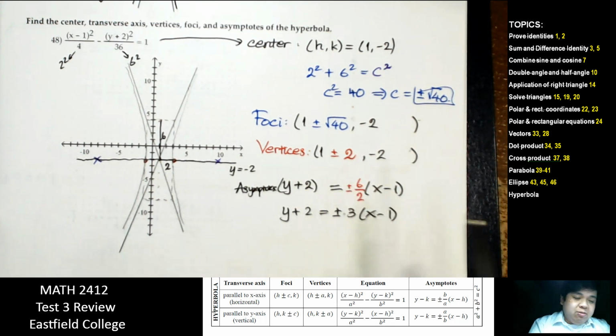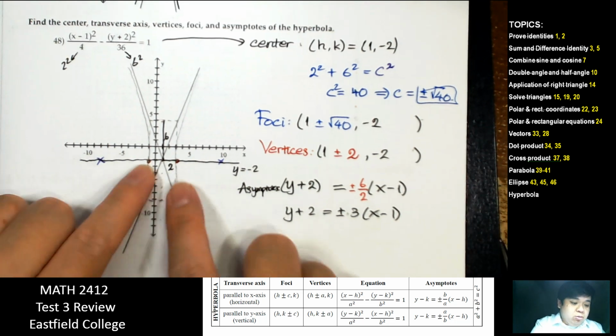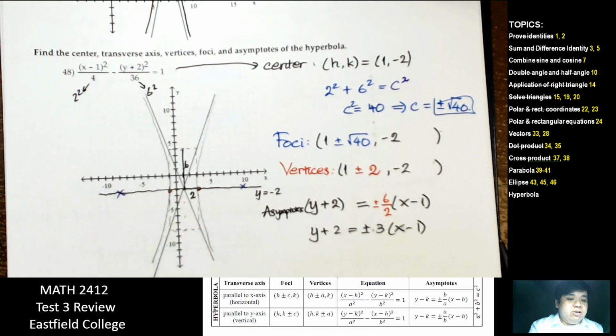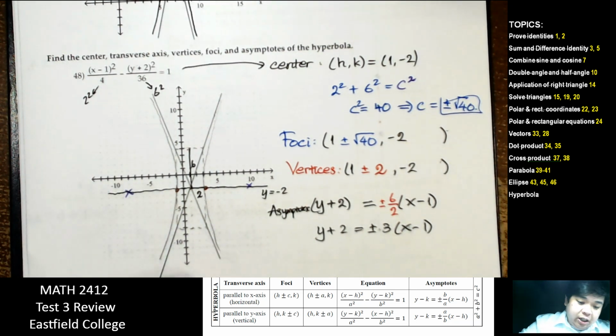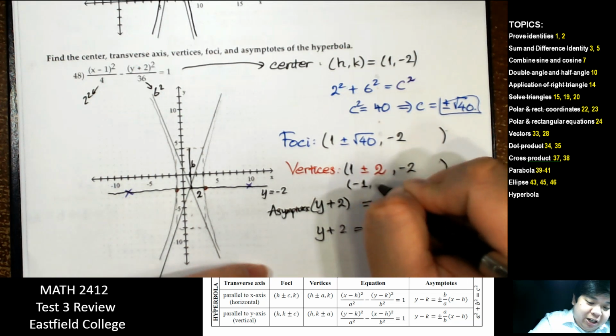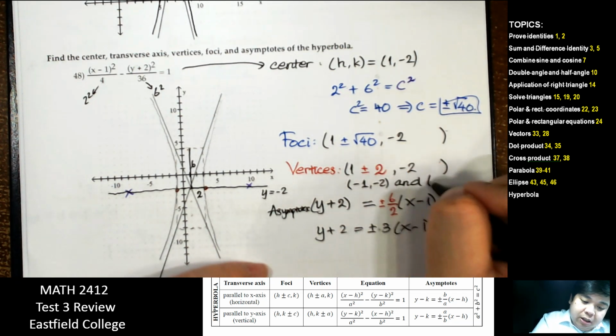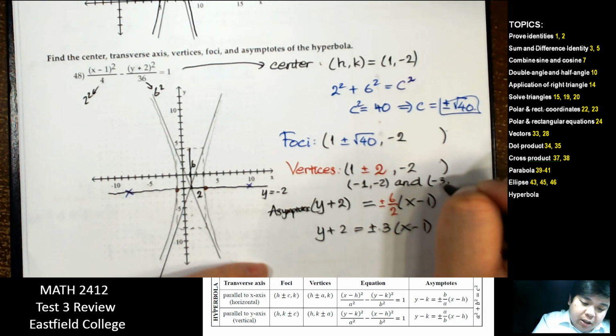The foci left and right C units in this case because it is horizontal, and the vertices left and right also, whatever the distance that we go. Okay. Of course, when we write like that, it looks silly. It looks like -1 and -2 and -3 and 3 and -2.